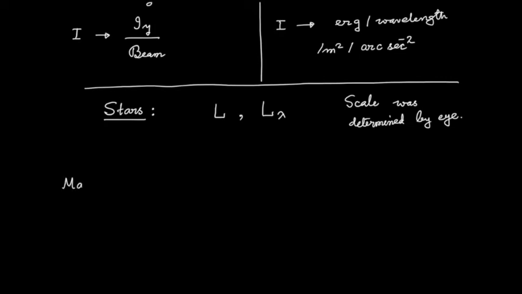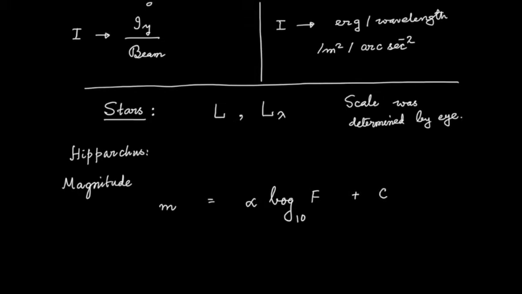So the way the flux was introduced is by a quantity called magnitude, and it was done by Hipparchus. It's written usually with a small m. So it's in log scale, log to the base 10 of flux plus some constant.